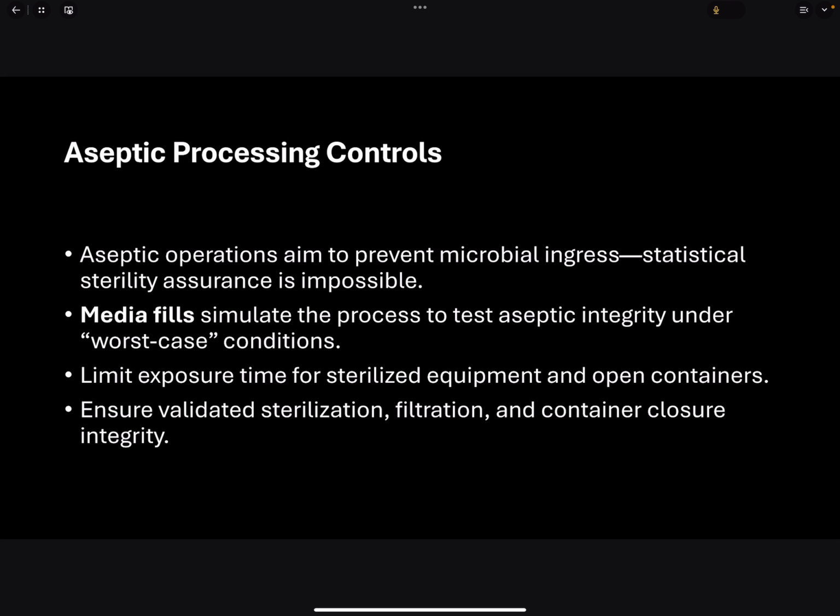We also validate sterilization methods, limit open container times, and confirm container closure integrity. All of these steps work together to ensure that each batch meets the highest possible sterility assurance level.